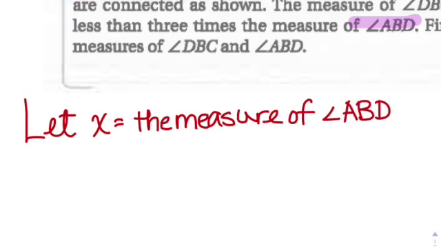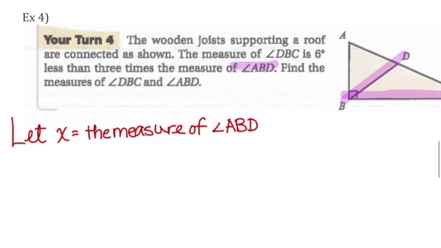And then the next thing they say is right here, angle DBC. DBC is 6 less than 3 times. So in this case, you have 3 times first, and then it's going to be 6 less than that. So 3 times is going to be like this.